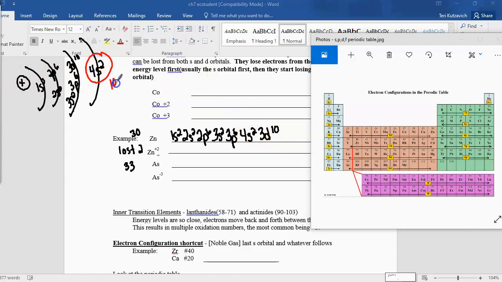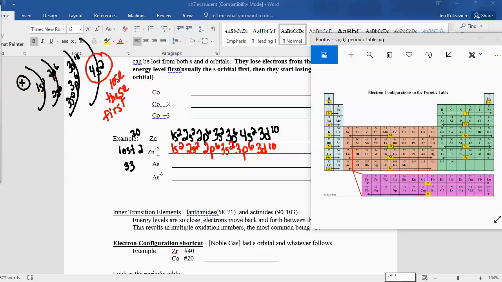We have to lose these ones first. So the new electron configuration for Zn plus 2 would be 1s2, 2s2, 2p6, 3s2, 3p6, 3d10. You lose those 4s2 electrons.